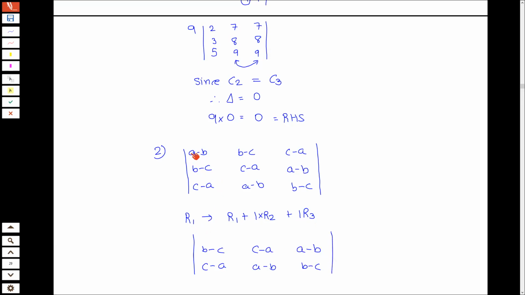अब यहां पर a minus b प्लस b माइनस सी प्लस c माइनस a, मैं एक लिख देता हूं. चलो a माइनस b प्लस b माइनस c प्लस c माइनस a. So what will happen? bb, cc, aa will get cancelled. Similarly, here also b minus c.